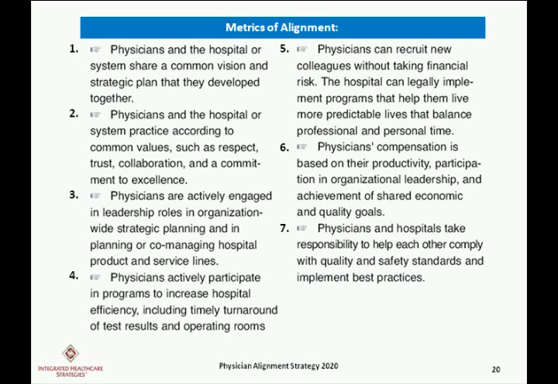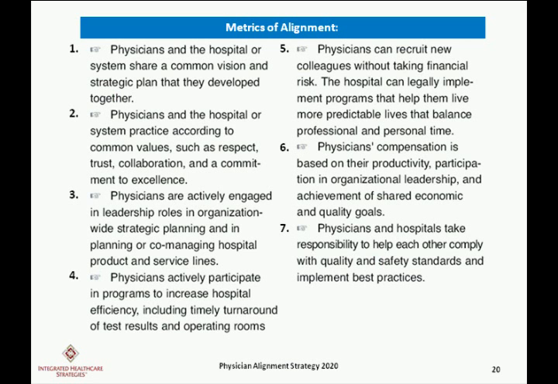The second metric, and you can convert any of these into, again, a simple web survey or a chance to have structured interviews and conversations about the degree to which these exist.